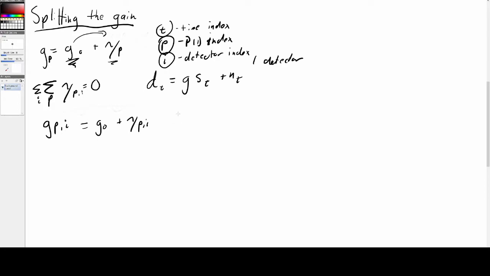It turns out that this becomes a lot easier to enforce if we do another split. That is to say, we let our gamma become two new terms, which we call capital delta G and regular delta G. And I will explain this notation.